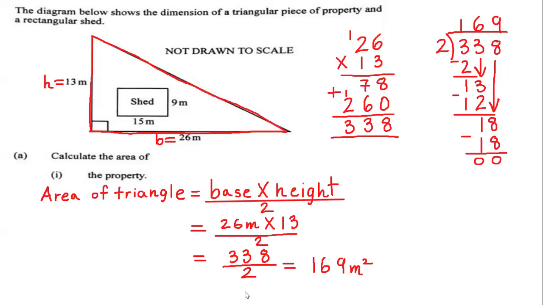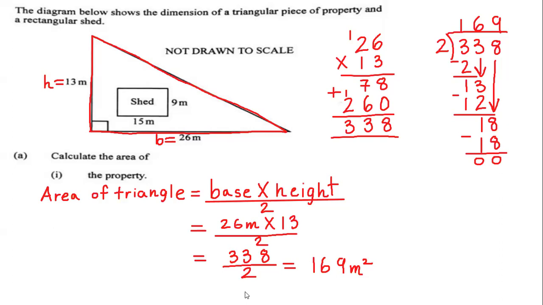So first, we start off. The question asks: the diagram below shows the dimensions of a triangular piece of property in a rectangular shed. Question A asks you to calculate the area of the property. How we do that is by multiplying the base times height, and we have to put it over 2.